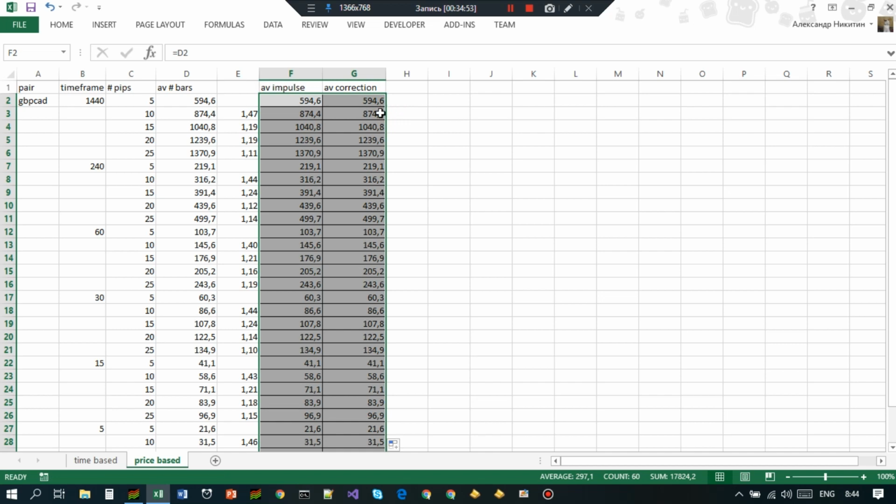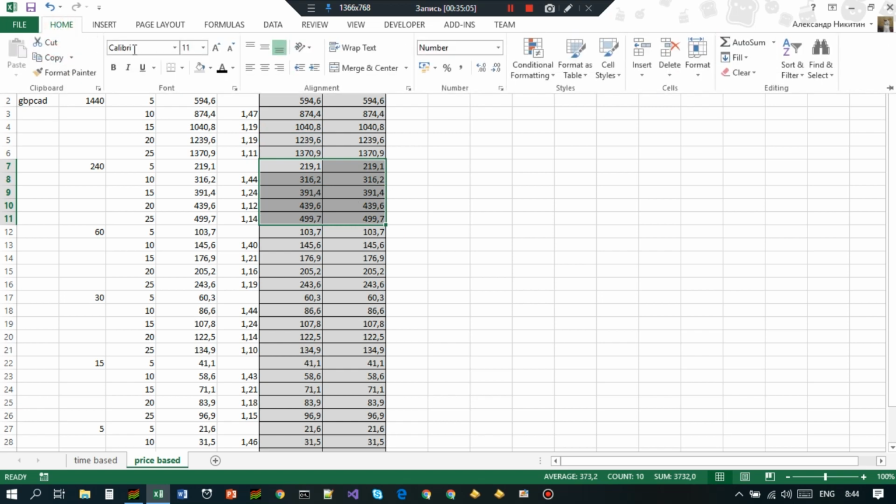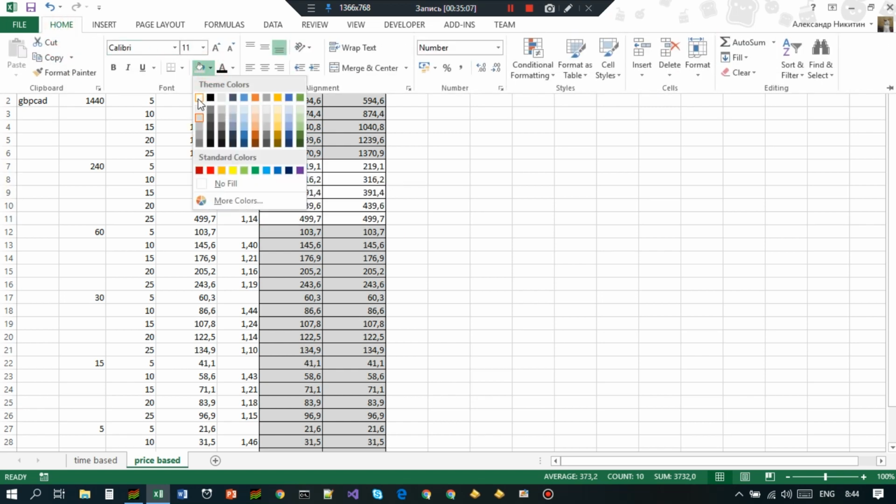So I'll substitute that for arrow. Maybe I need a different color. Let me place a different color instead of white.